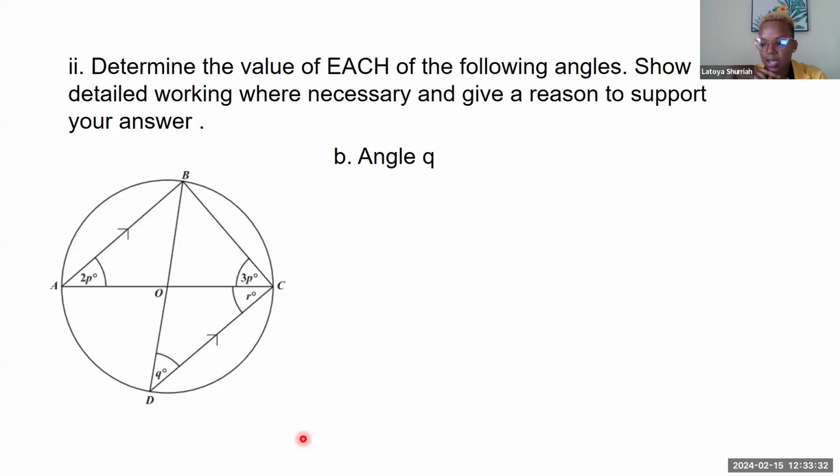I want Rashida and Akila to tell me how they got 90 degrees. Miss, any angle formed at the circumference coming from the diameter is 90 degrees.